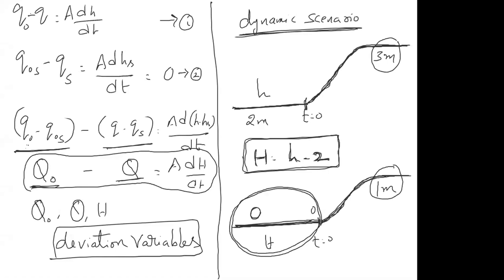Now I'll go to the next one. So now let's take the dynamic model. Deviation variables are defined as actual value minus its previous steady state value.